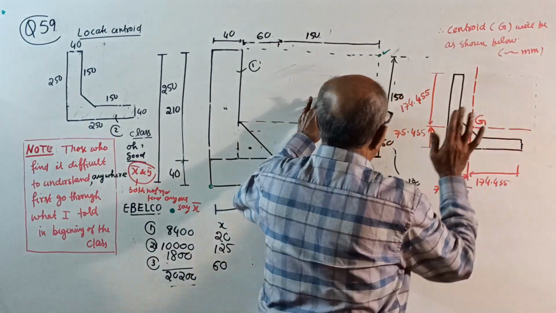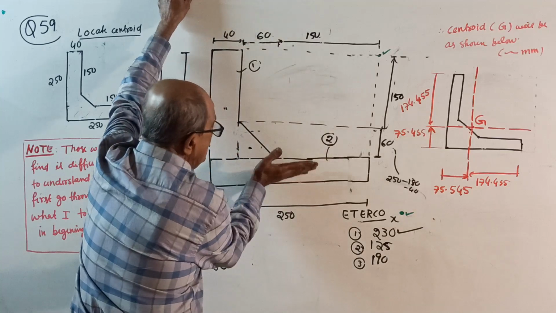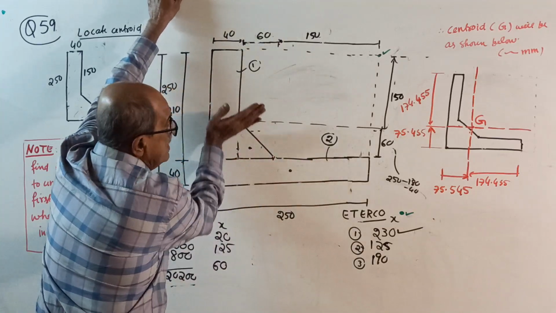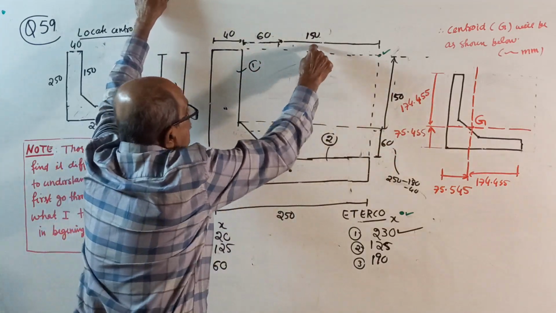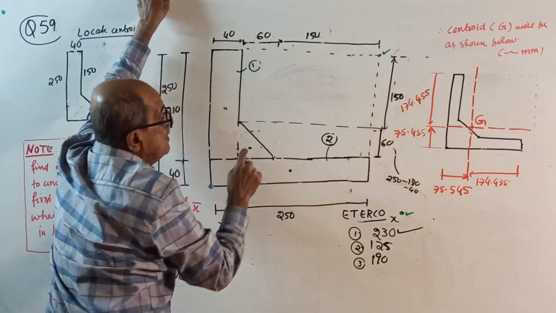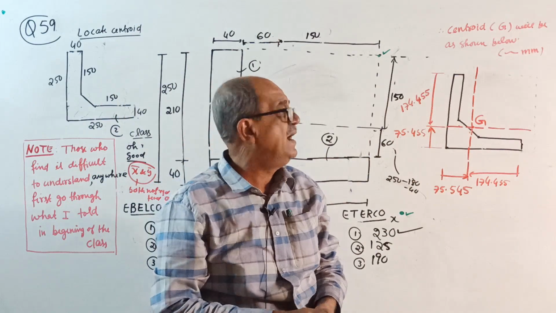Those who are serious can find y1, y2, y3 and get this y bar, but it is not required.